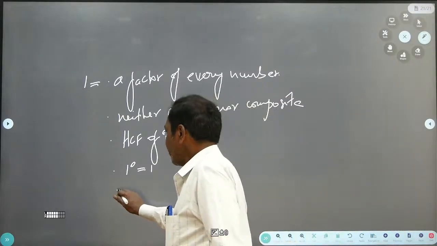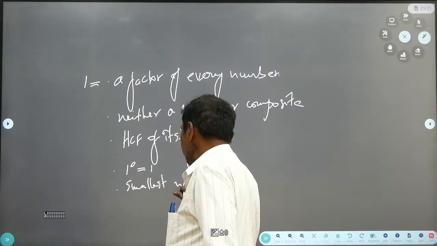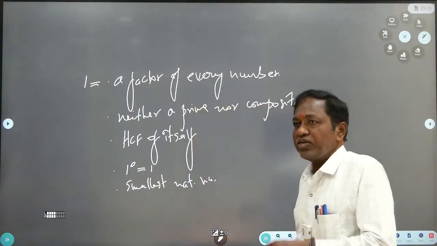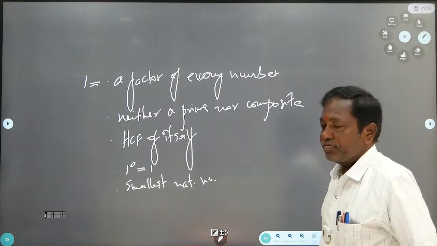Yes, wonderful. Smallest natural number. Any other properties possible for 1?